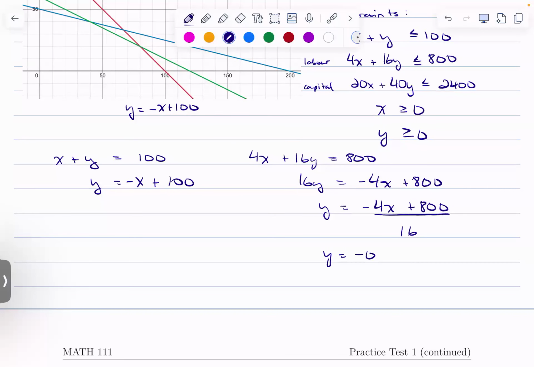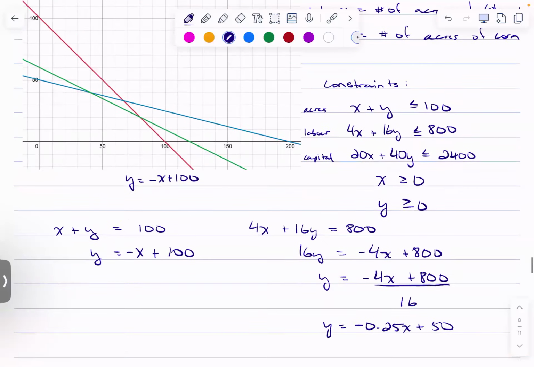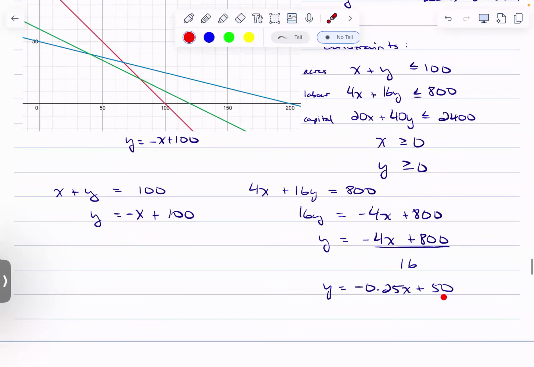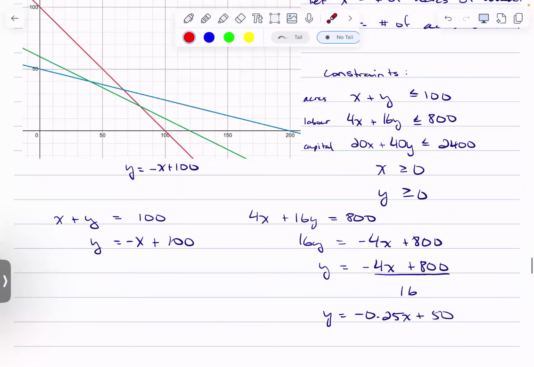And 800 divided by 16 is 50. Again, because we have our axes, this blue line has a y-intercept of 50. So if I let x be 0, y is 50, telling me that this line here must be y equals negative 0.25x plus 50. Which means the green line is the leftover one.